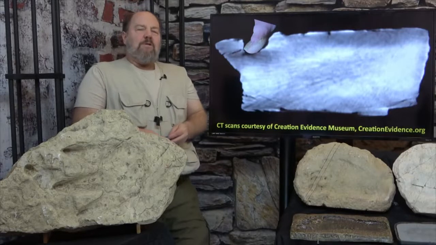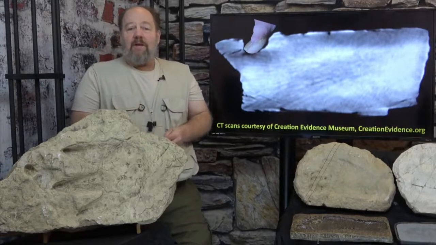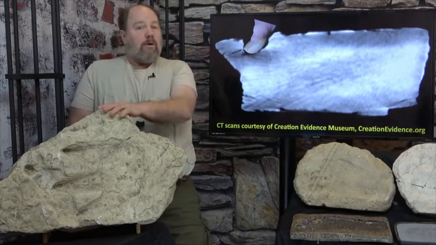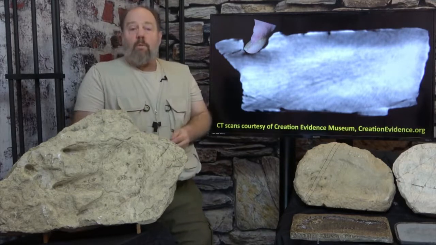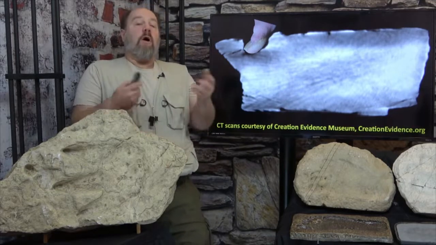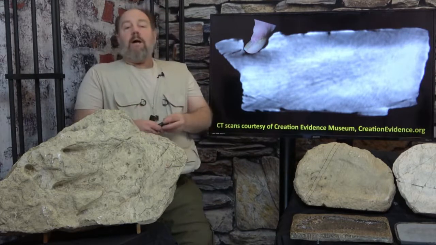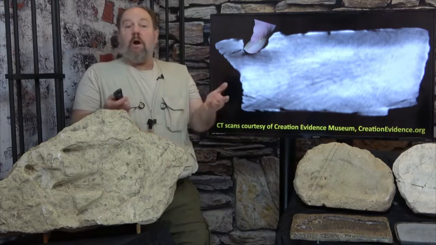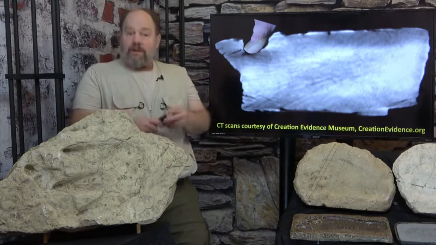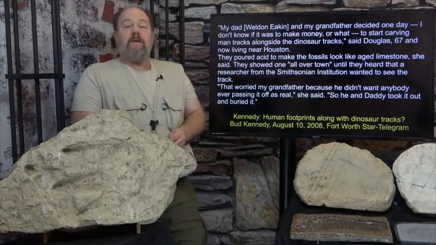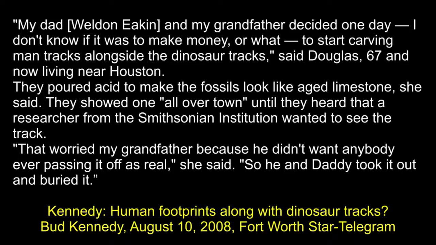A funny thing happened back in 2008 when the Creation Evidence Museum publicized the Delk. An article came out in the Fort Worth Star-Telegram where the author interviewed the granddaughter of the late George Bull Adams, a Glen Rose resident who has admitted to carving tracks during the Depression in order to sell them. In that interview, Zana Douglas said, "My dad, Welton Eakin, and my grandfather decided one day, I don't know if it was to make money or what, to start carving man tracks alongside the dinosaur tracks.